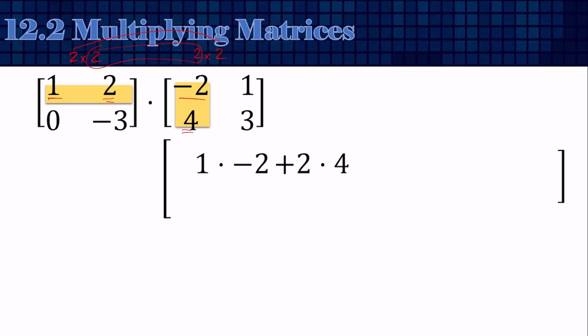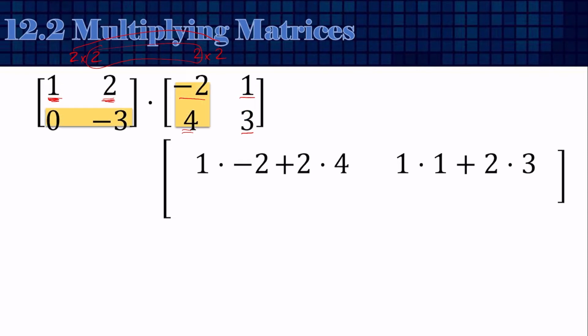Then pick a different row and column, maybe first row, second column. Multiply the first, so we'll have 1 times 1 plus, and you move over, 2 times 3. That was first row, second column, so the answer went in the first row, second column. Then pick a different row and column.